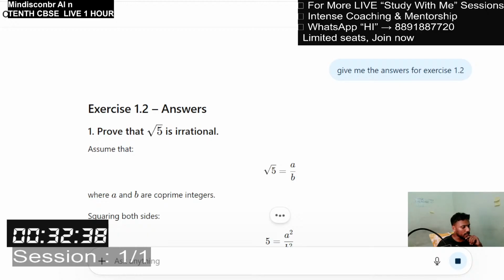So we can find integers r and s such that root 2 is equal to r by s. What is the condition for a rational number? A rational number can be expressed in the form p by q, or here it is shown as r by s. Here r and s should be integers and s not equal to 0.